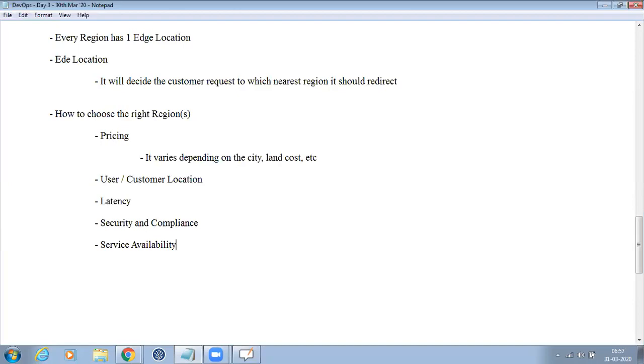You make sure your application or product is available over cloud. That's called service availability. I cannot say my product will be available only 15 hours a day and down the remaining 9 hours. We cannot say that, right?